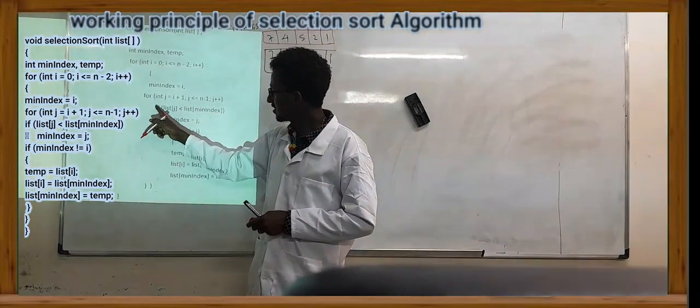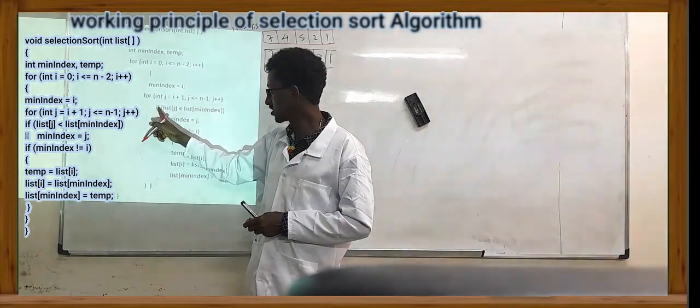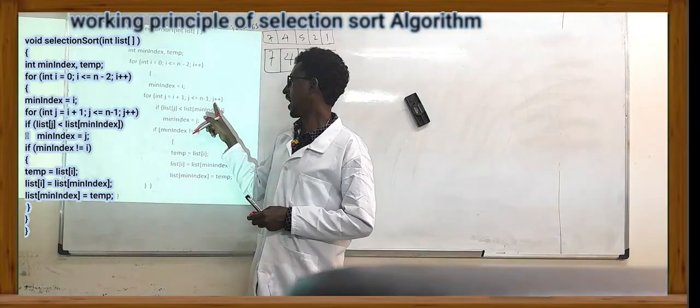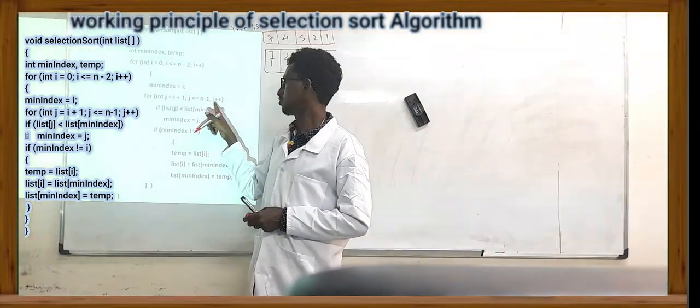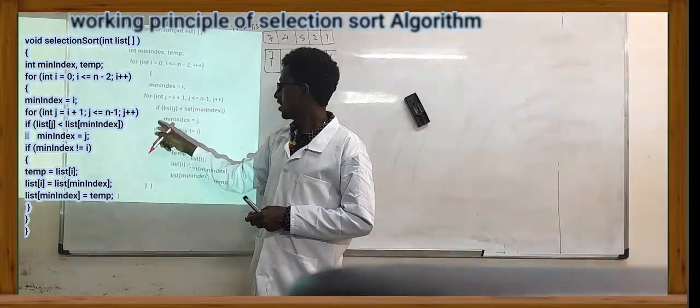And if this statement is not satisfied, or false, we look back to the inner for loop, and j is incremented from i plus 1 to i plus 2. Therefore, check again.